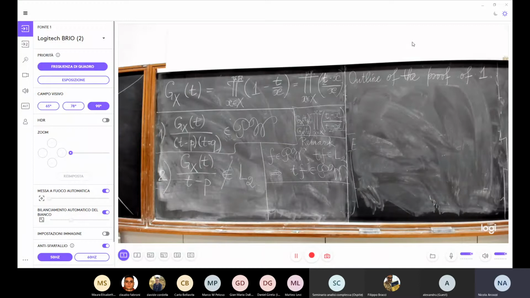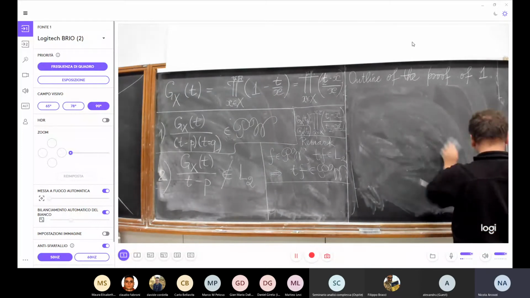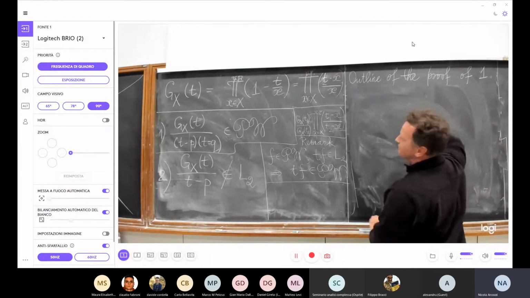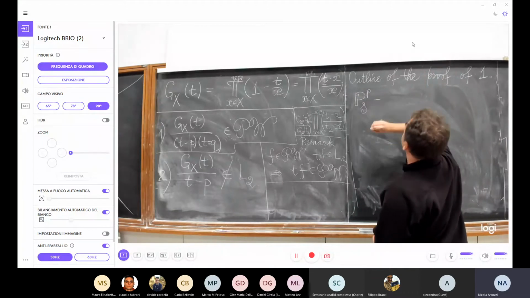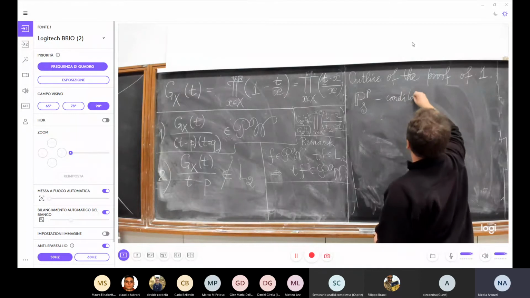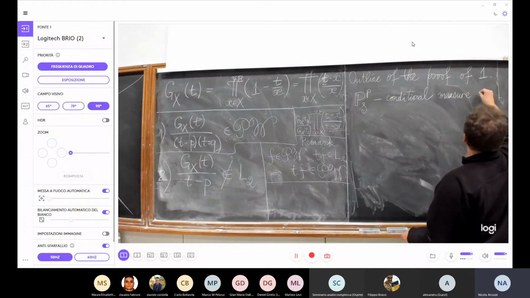So the outline of the proof of 1 uses the representation of this function G_X of t as a Radon-Nikodym derivative between Palm measures of the sine process. The Palm measure of the sine process is the conditional measure subject to the condition of having a particle in a given position. So I say the Palm measure is the conditional measure subject to a particle at p.